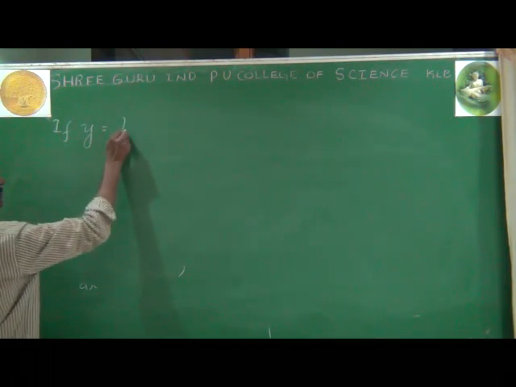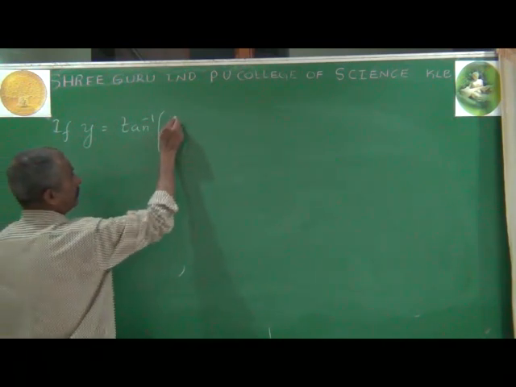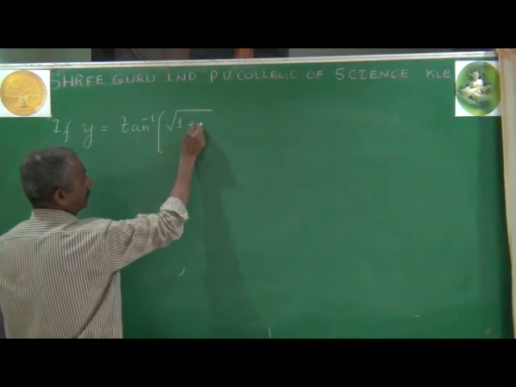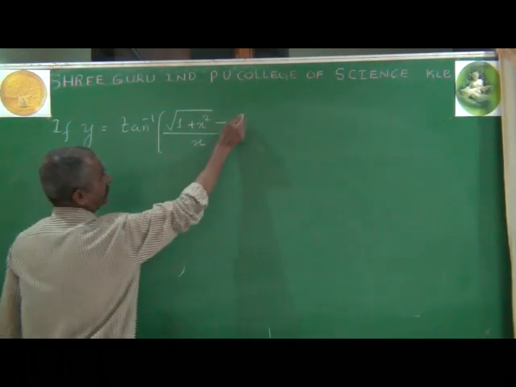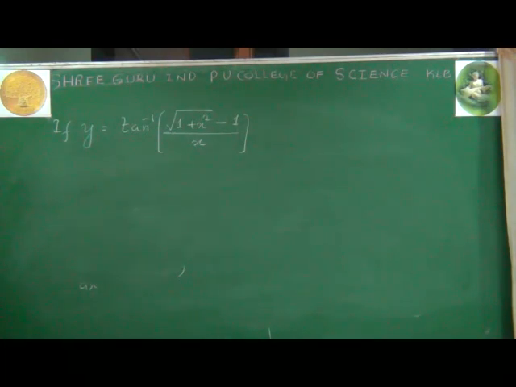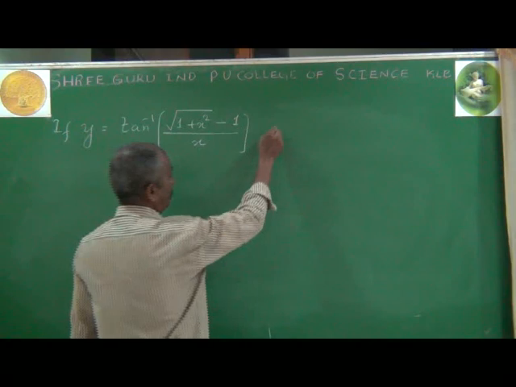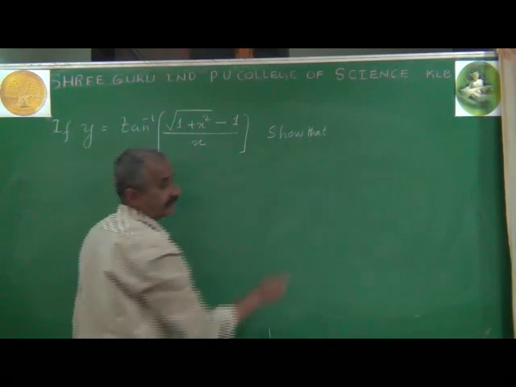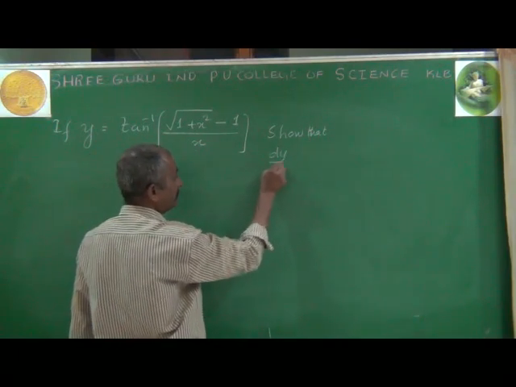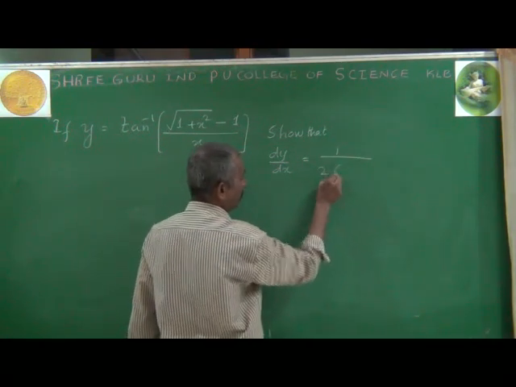Okay, if y equals tan inverse of square root of 1 plus x square minus 1, whole divided by x. Then show that dy by dx is equal to 1 divided by 2 into 1 plus x square.